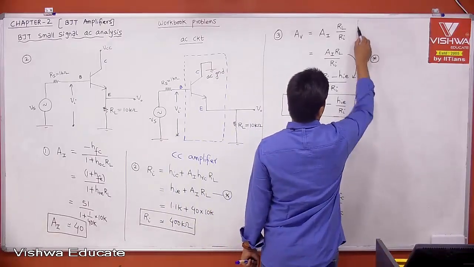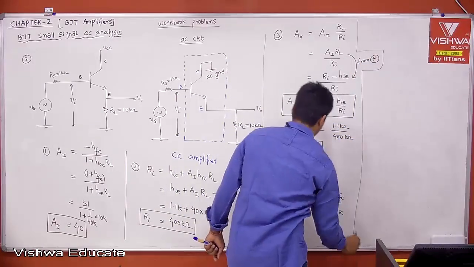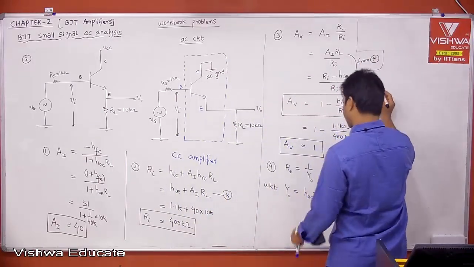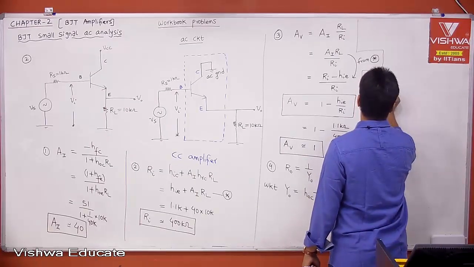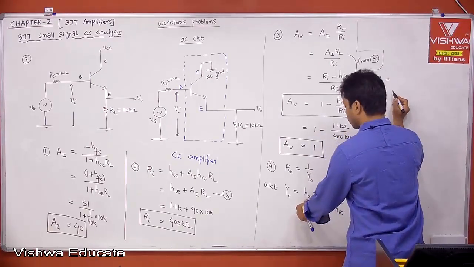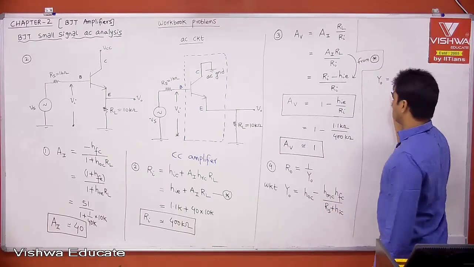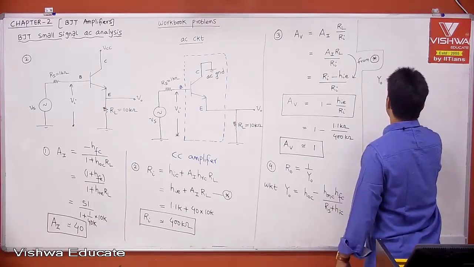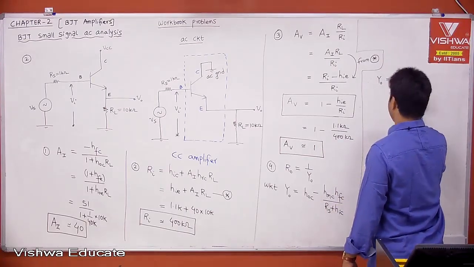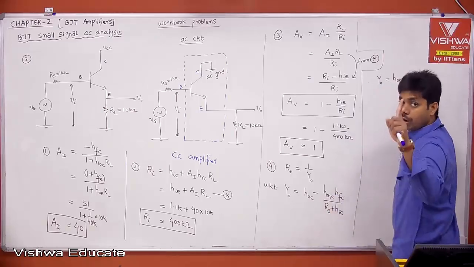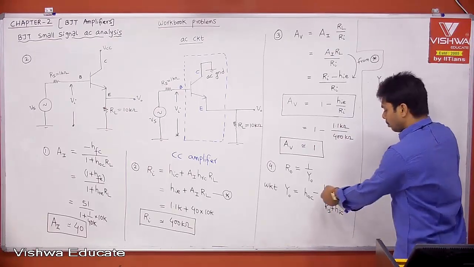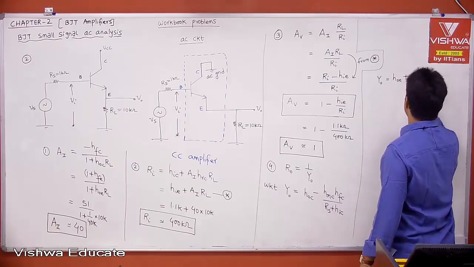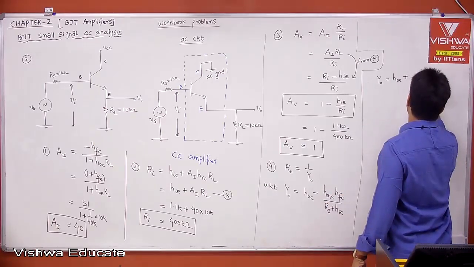Therefore, if you convert, what do we get? Y naught is equal to HOC, let me convert into CE h-parameters, that is HOE minus HRC into HFC divided by RS plus HIC, which becomes HOE minus (1)(1 plus HFE) over RS, that is the source resistance, plus HIE.